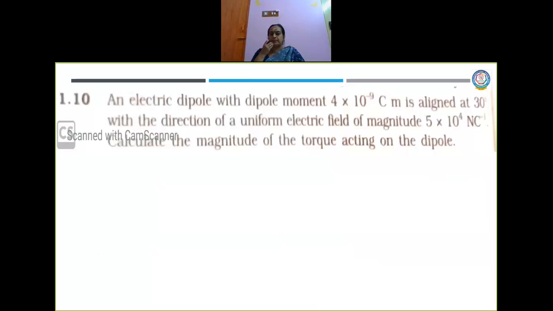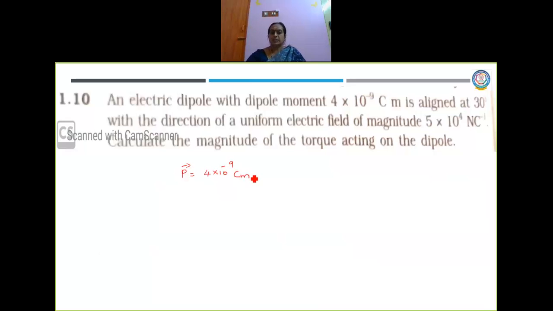An electric dipole with dipole moment 4 into 10 power minus 9 coulomb meter. So dipole moment P is equal to, what is the value they have given? 4 into 10 power minus 9 coulomb meter.